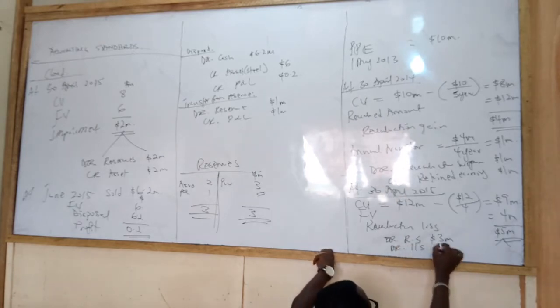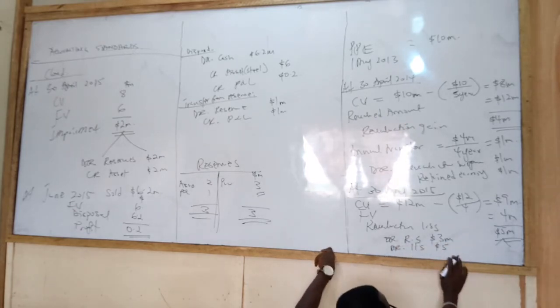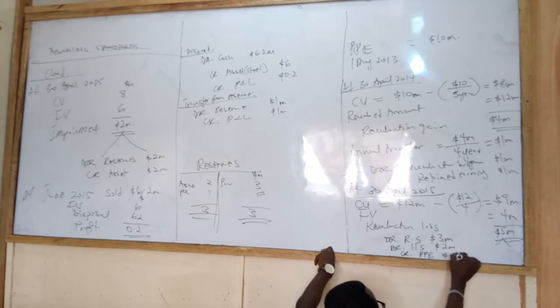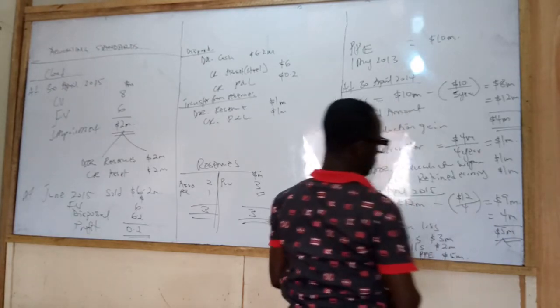Debit the income statement with 2 million. And then we credit what? Property, plant and equipment with 5 million. So that's the account.